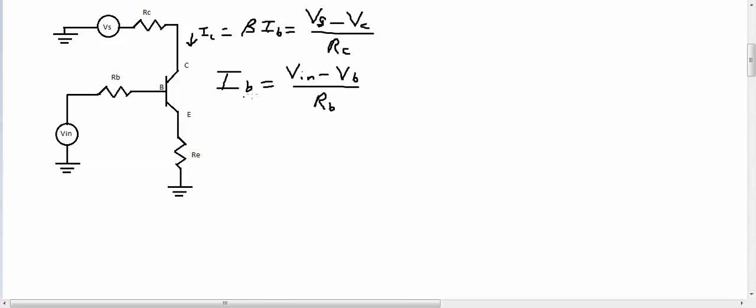We're going to plug this equation into the top one, and we're going to solve for our Vin. So Vin is going to look something like this. Vin is equal to the voltage at the base plus the resistor at the base divided by the resistor at the collector times beta, all multiplied by Vs minus Vc.